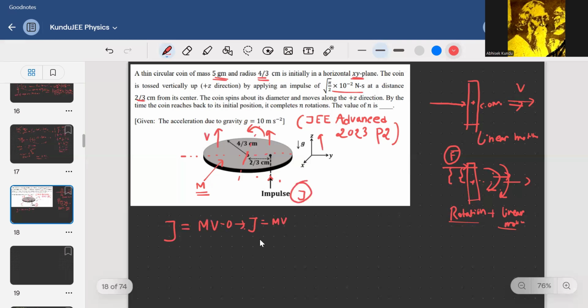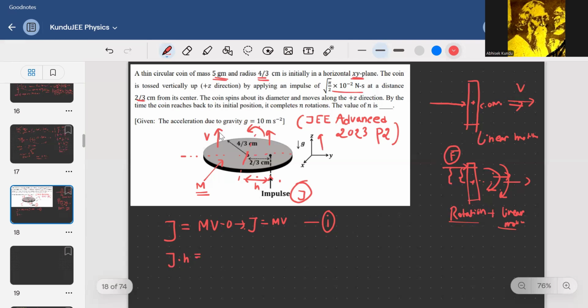Okay. Now, at the same time, as I told you, it is having linear motion as well as rotational motion. Additionally, this impulse is applied at some distance, suppose h, from the center. So it will create some impulsive torque. What is the amount of impulsive torque? J into h. That will change the angular momentum of the body.